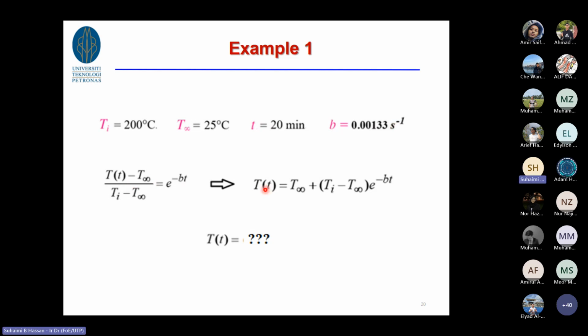TT is from this equation: T ambient plus Ti minus T ambient exponential negative BT. And then I just leave the question mark. I give back to you. Tell me the answer before I proceed to the next. If you are not giving the answer, we stop here. You try to calculate what is the TT from this case.